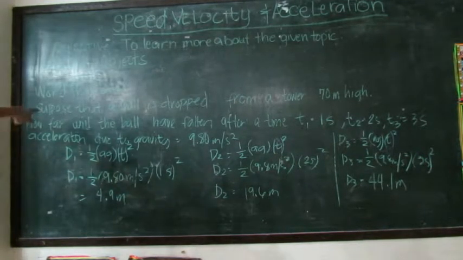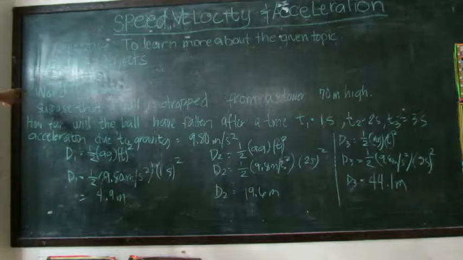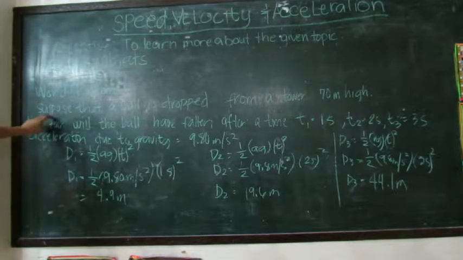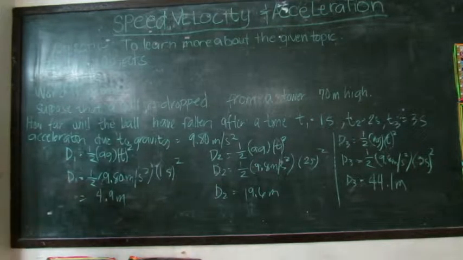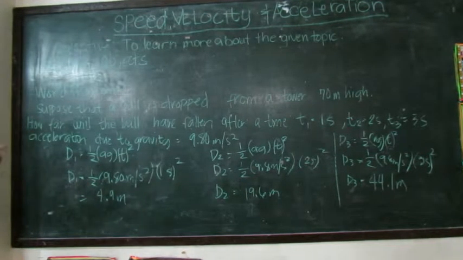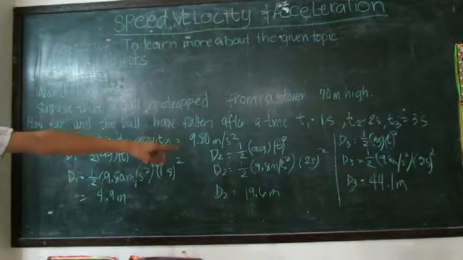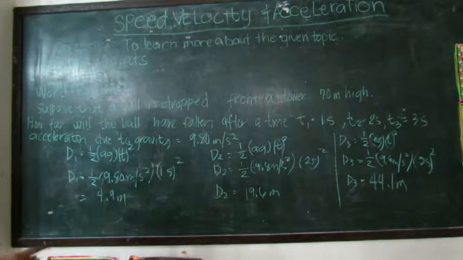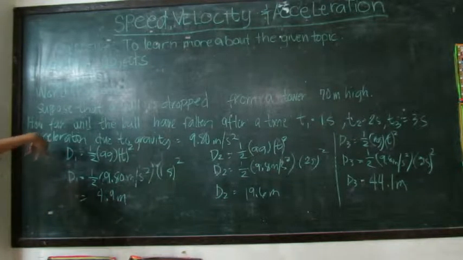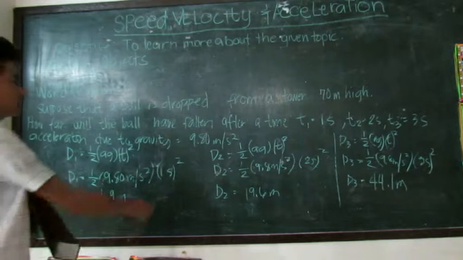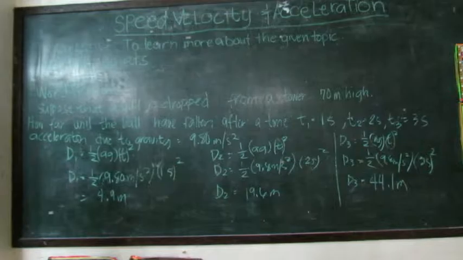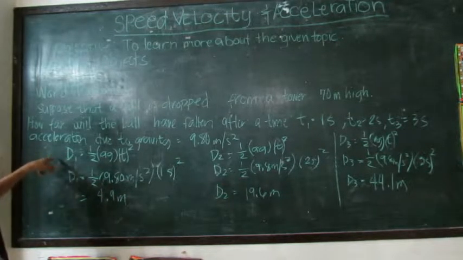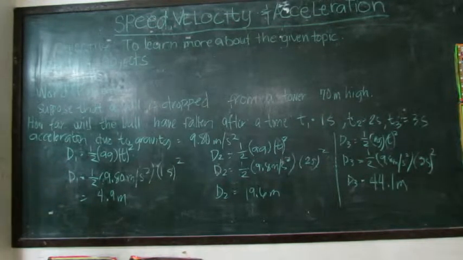So here's a word problem about falling objects. Suppose that a ball is dropped from a tower 70 meters high. How far will the ball have fallen after a time? Time 1 equals 1 second. Time 2 equals 2 seconds. Time 3 equals 3 seconds. Now the acceleration due to gravity equals 9.8 meters per second squared. So here's the formula on how to find the displacement or the distance.